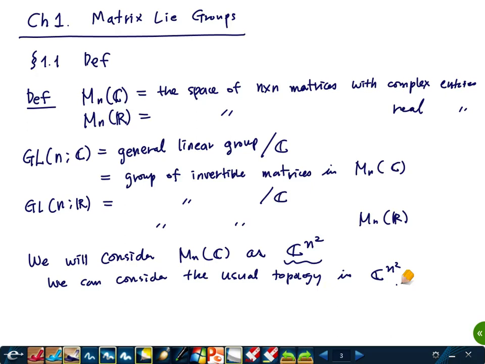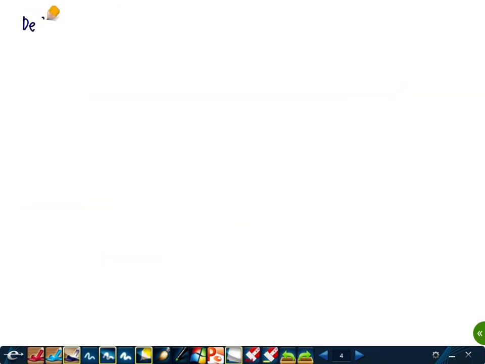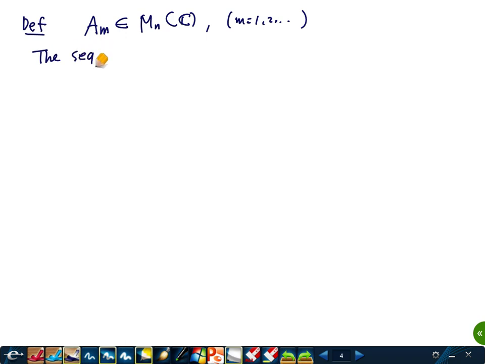And so let me define convergence of a sequence. We have a sequence A_m of matrices, so we have an infinite sequence of n by n matrices. We say that the sequence A_m converges to A as m approaches infinity.